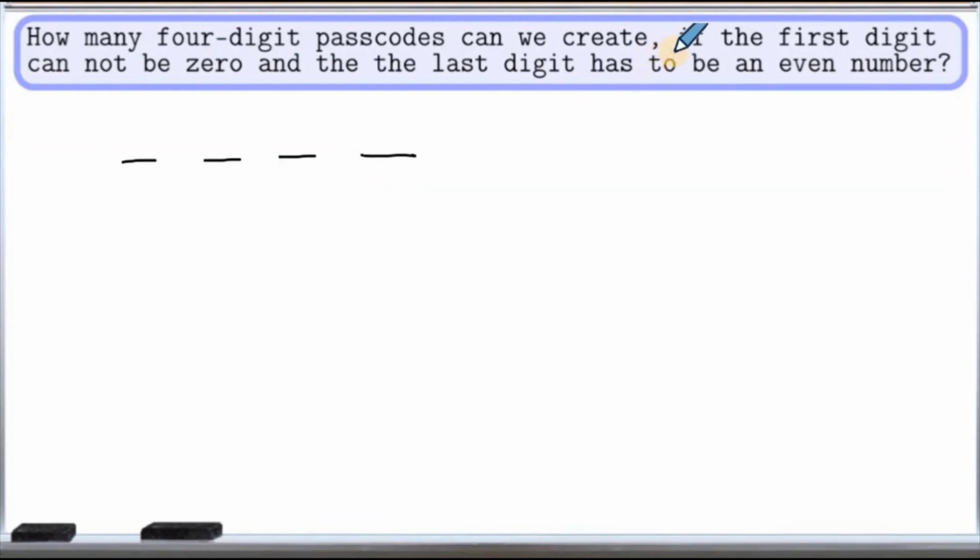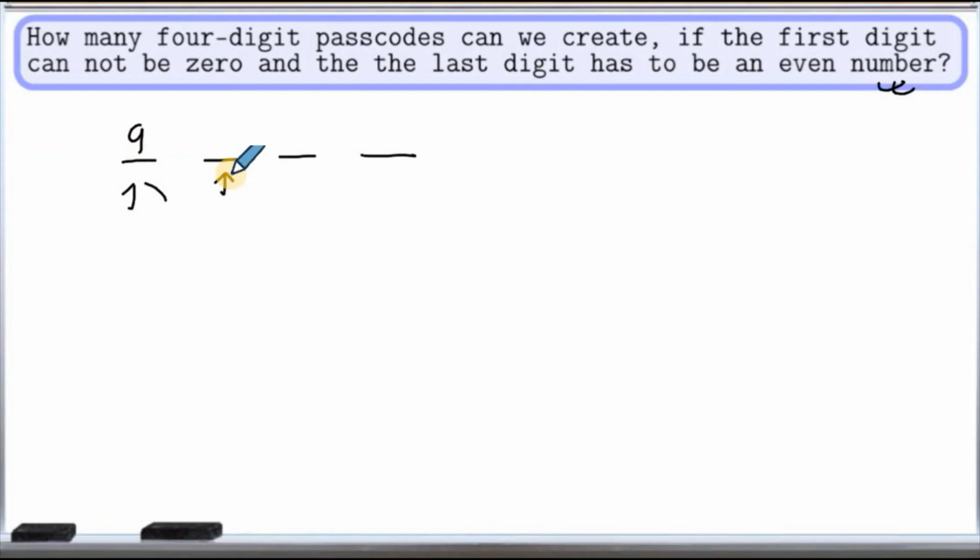It is asking us to find the passcodes with the first digit not being 0 and the last digit being an even number. On the first place, we can have 9 of them since we can have digits only from 1 to 9. So I'll just put 9 here.